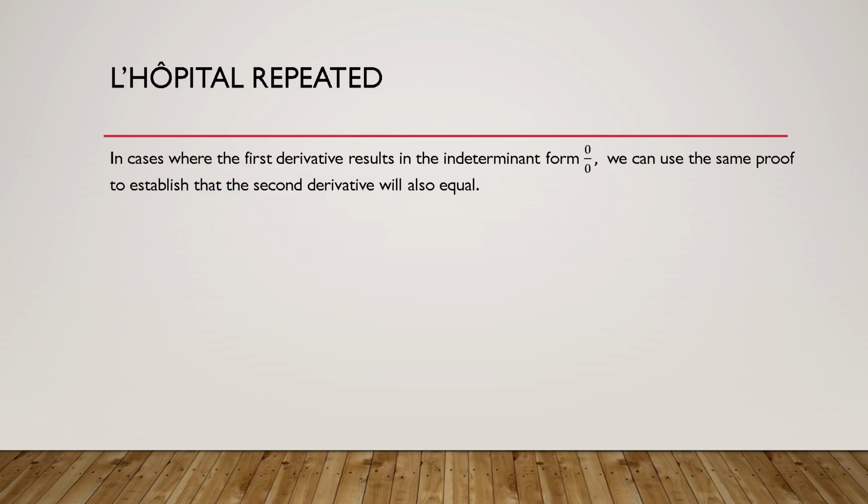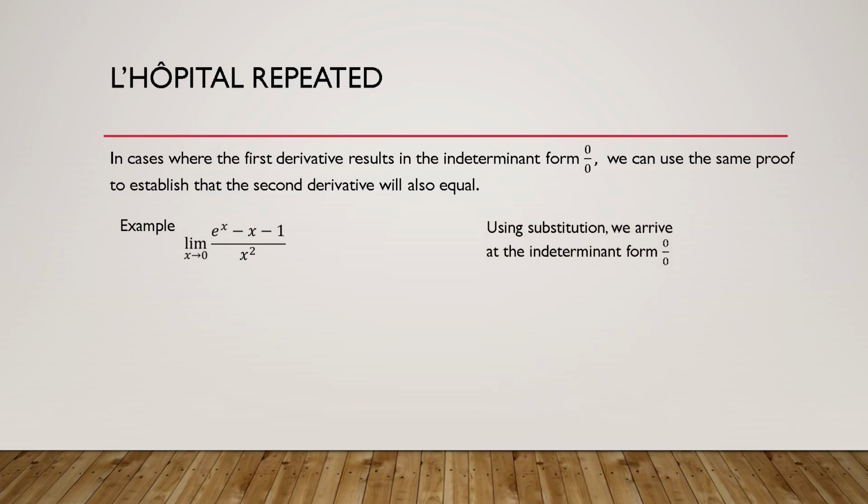In cases where the first derivative results in the indeterminate form 0 over 0, we can use the same proof to establish that the second derivative will also work. As an example, let's take the limit of e to the x minus 1 over x squared as x approaches 0. Using substitution, we arrive at the indeterminate form 0 over 0.